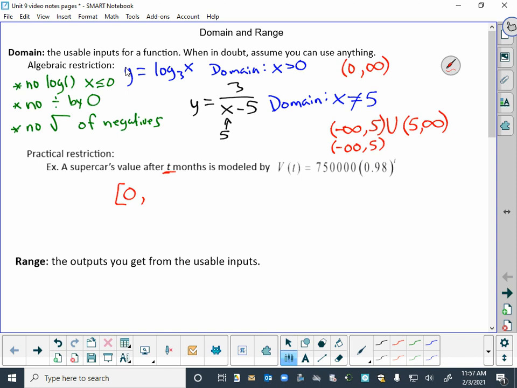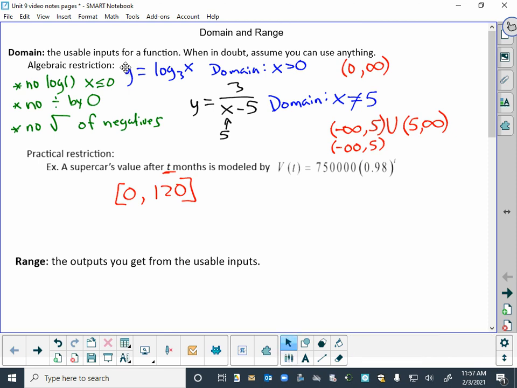Now, can I nail down exactly when this model stops working? Probably not. Maybe I let it run for 10 or 15 years. 10 years might seem reasonable on this, and somebody might tell me that as part of this problem, this will model the value of the car for the first 10 years, so that would be 120 months, and I could say this is what that domain looks like.